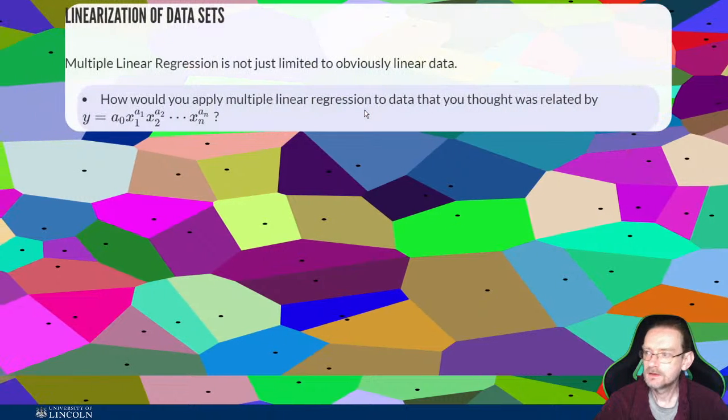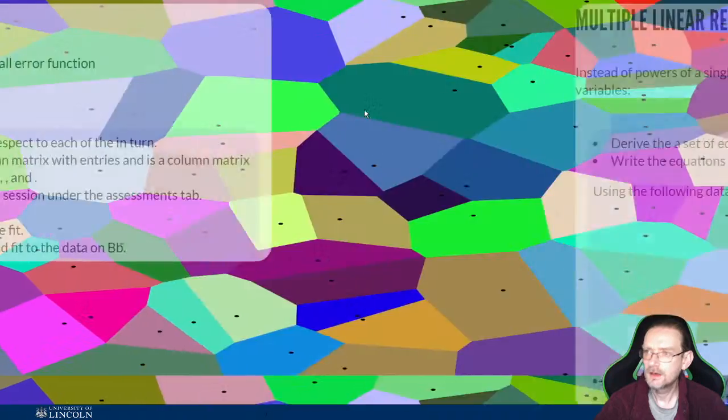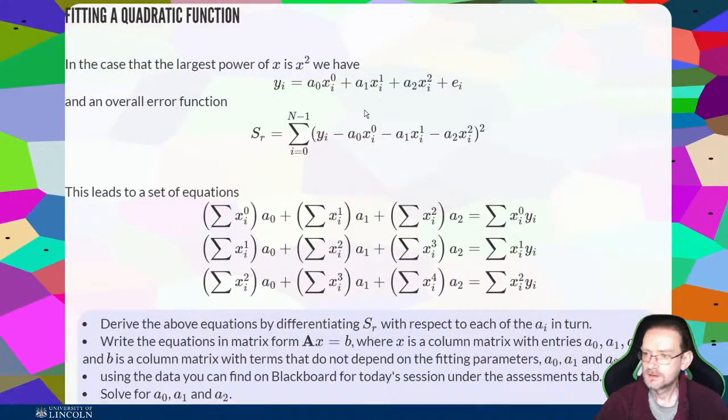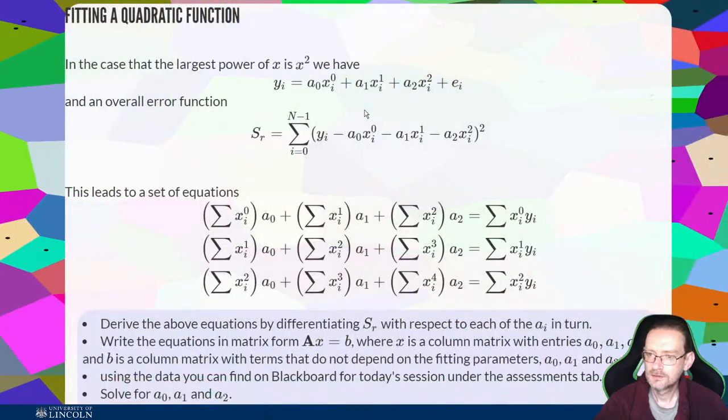Somehow I'm missing a slide I thought I was in here. I've got a quadratic function, I've just included that at the bottom. Apologies. If you look at the assessment on Blackboard, you'll see that as well as fitting a quadratic, I ask you to fit a cubic.